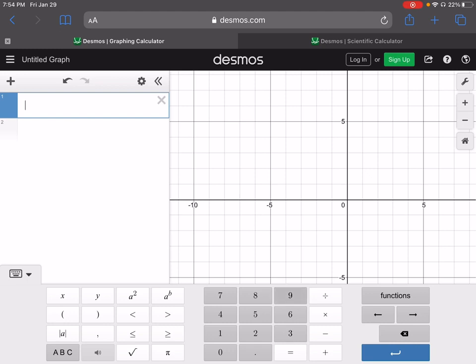So I'm going to hit 9, and then I'm going to raise this to the AB power, and this gives me my exponent. And I'm just going to put in the 3 divided by 2. Bingo, look at that. Desmos is showing me that 9 to the 3/2 power is 27.